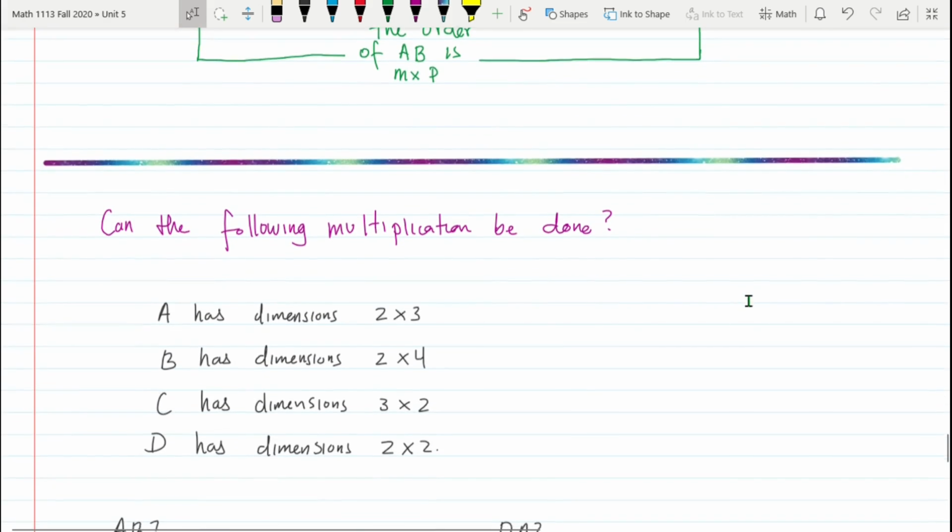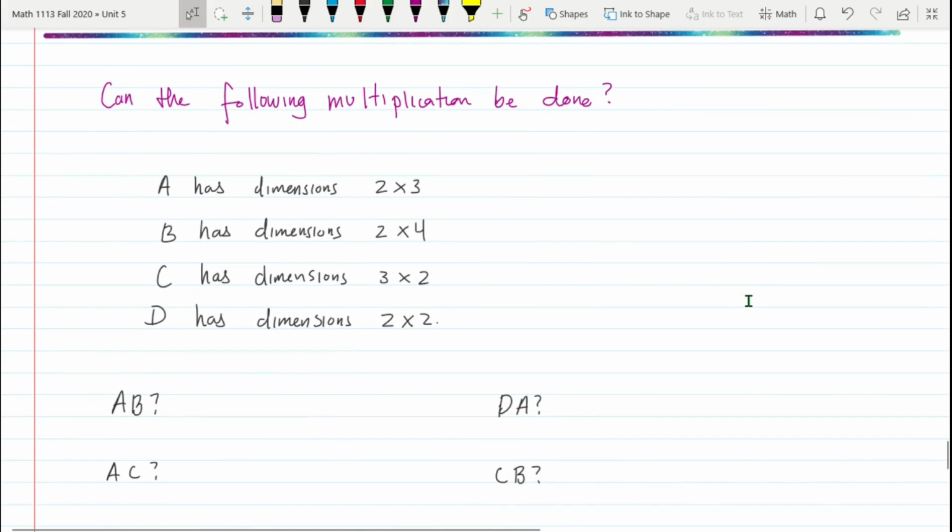Let's do an example and some practice and talk about the order or the dimension of things. So matrix A has dimensions 2 by 3, B has dimensions 2 by 4, C has dimensions 3 by 2, D has dimensions 2 by 2. Can I do A times B?